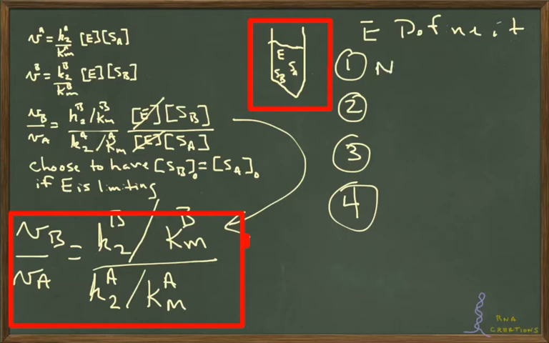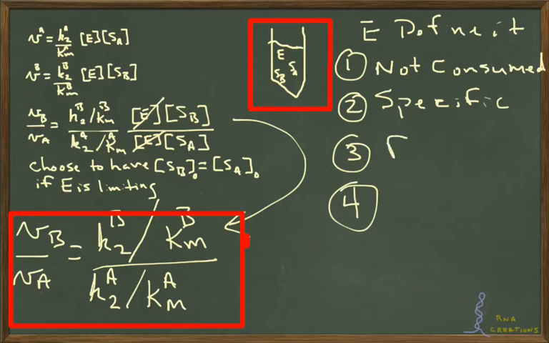It's like a top 10 list, top 4 list. Thanks, Josh. Not consumed or not changed in the reaction. Anything else? Specific. Oh, that's a good one. Anything else? Sure. Speed, call it fast. Speed up a reaction.